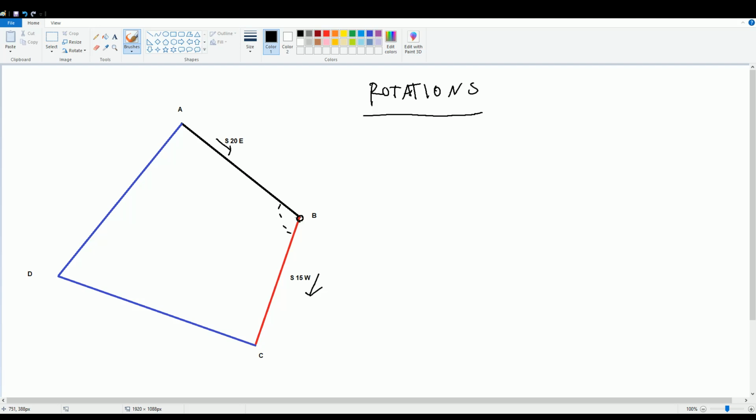If we have the total station here and their backsides at points A and point C, if I were to rotate my full total station, how much are we going to rotate by?